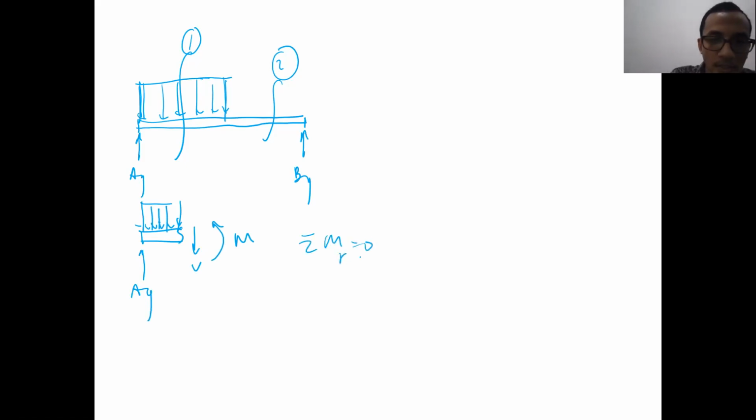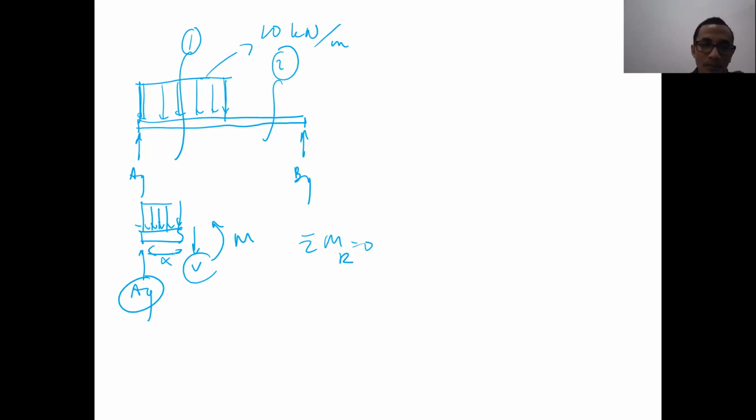So for example, I use sigma moment to the right equal to 0, after we find out the Ay and V values, right? And if the distributed force here is 10 kilonewton per meter, for example, and this is the distance x. So what do you think?